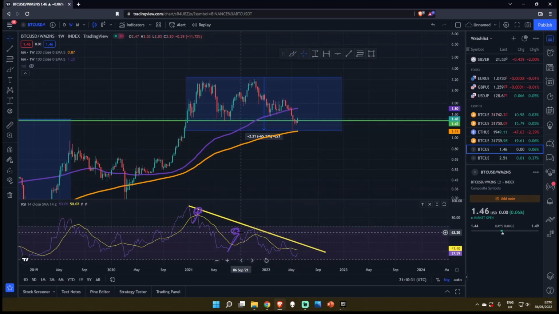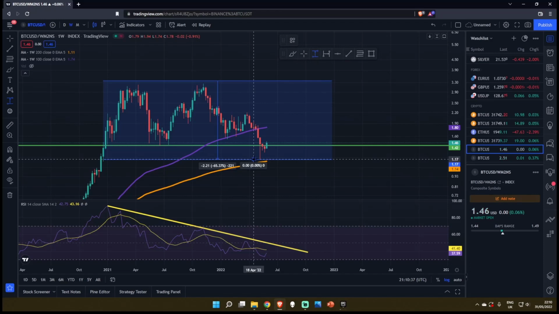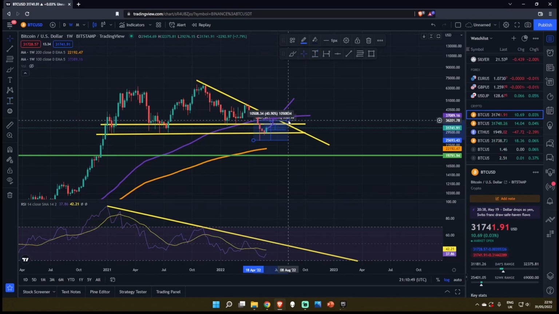So I do think we are going to be seeing an increase over on the markets in the next couple of weeks or so. And if we extrapolate something like a 40% move, let's do it over on the USD chart, because inflation hasn't changed too much in the past couple of weeks or months, this could mean that Bitcoin would be moving up to 36,200.